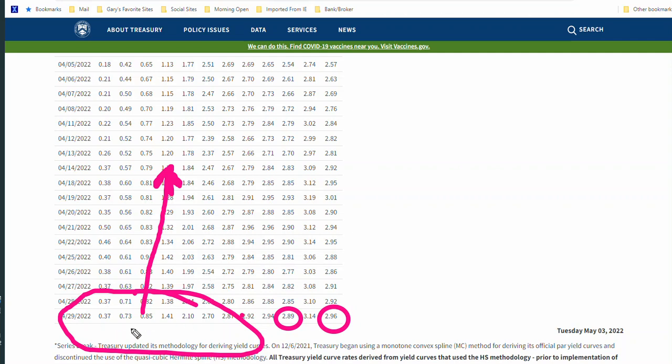What typically does happen to stave off inflation, if it's a systemic inflation issue, is you do have to see the front end of the curve catch a significant inversion over the long end of the curve, at least in the short term. We saw a lot more inversion a few weeks back, and now it's coming off a little bit.